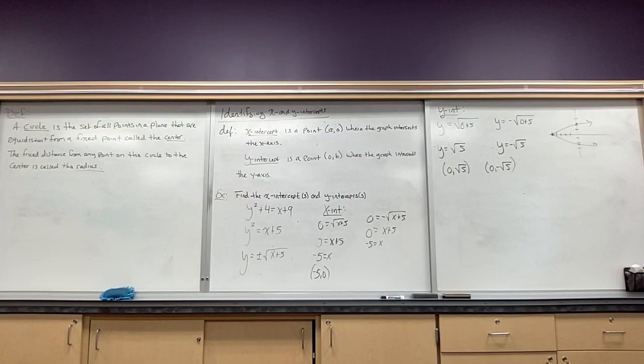The fixed distance from any point on the circle to the center is called the radius. Okay? So again, a circle is the set of all points in a plane that are equidistant from a fixed point called the center. The fixed distance from any point on the circle to the center is called the radius. Okay?